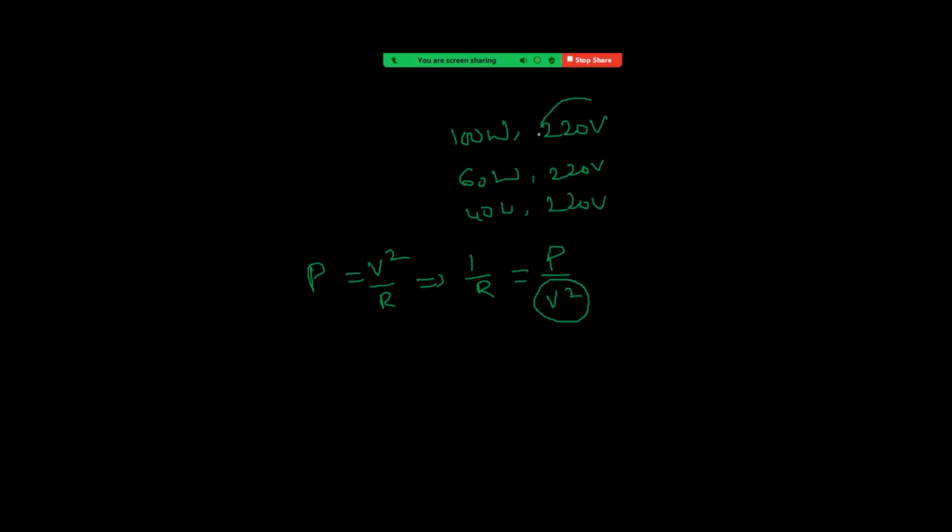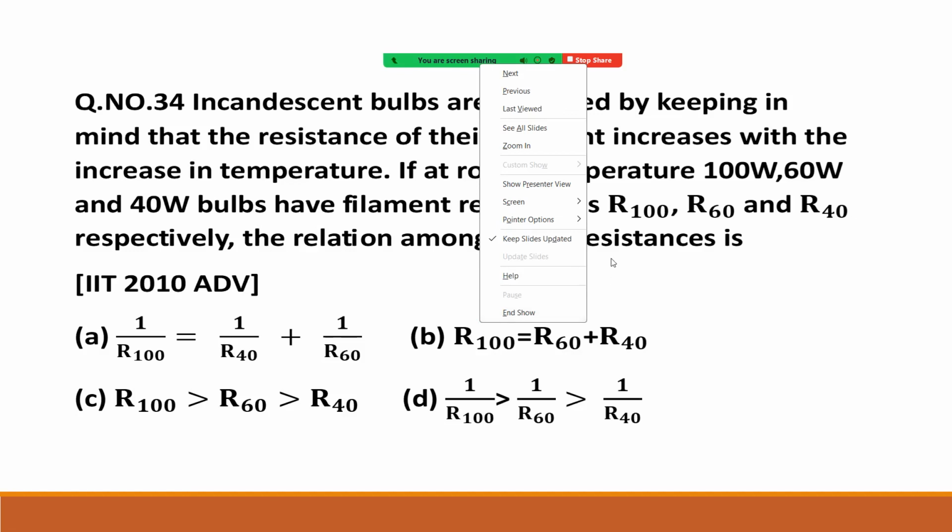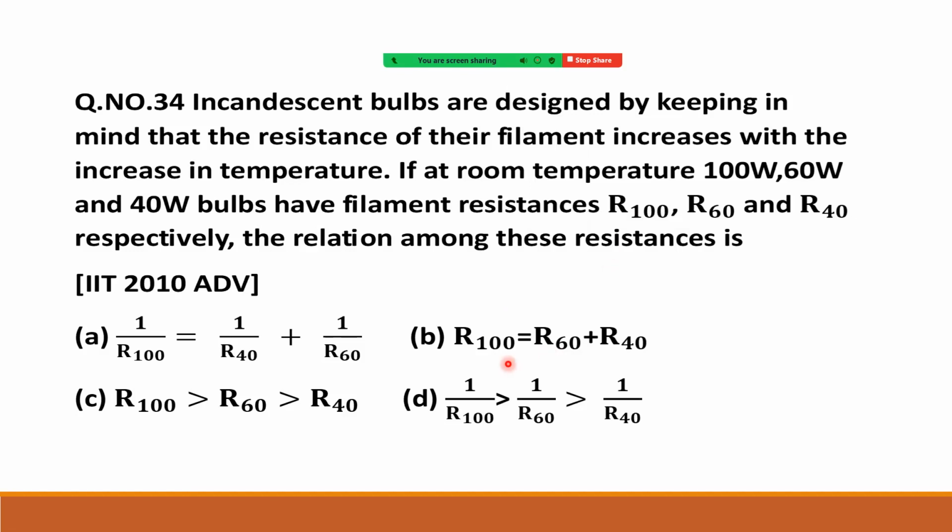This is fixed. So in our country, this value is fixed at 220. So the V value is fixed. So 1 by R equal to P by V square means if the P value is more, the 1 by R value is more. Right? That means 1 by R is more for 100, next 60, next 40. See once. Option D, right? First 100, next 60, next 40. That is a very simple question. Option D.